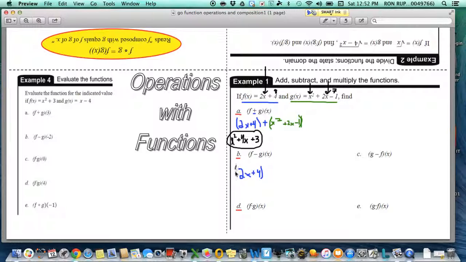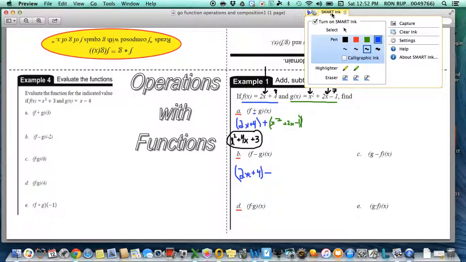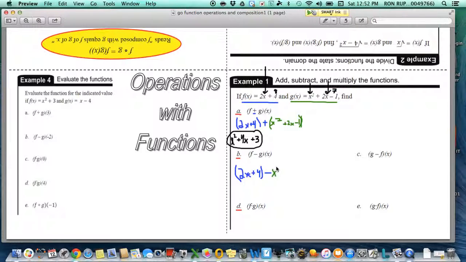And we're going to subtract now g from it. X squared plus 2x minus 1.